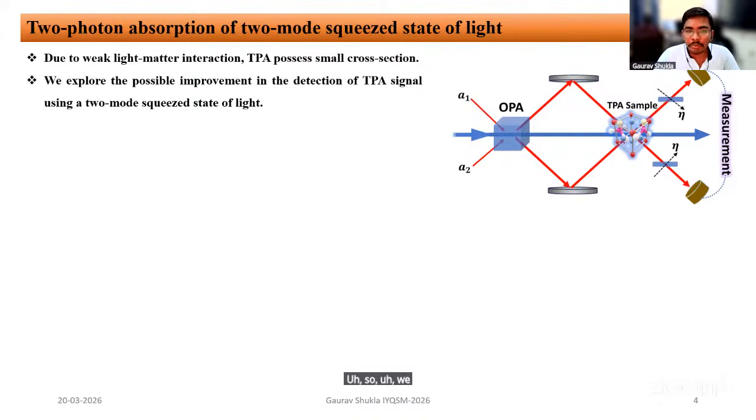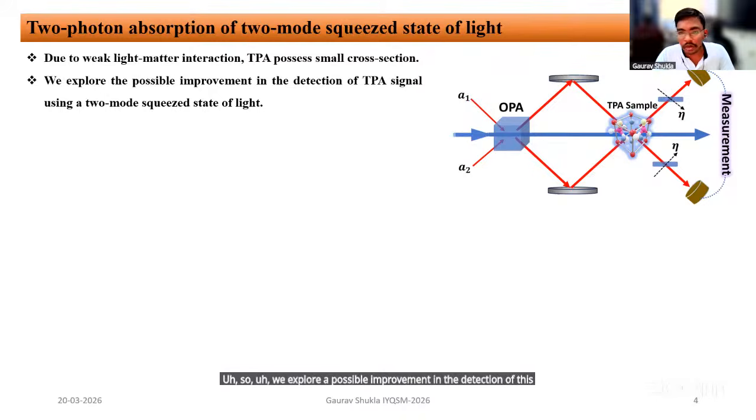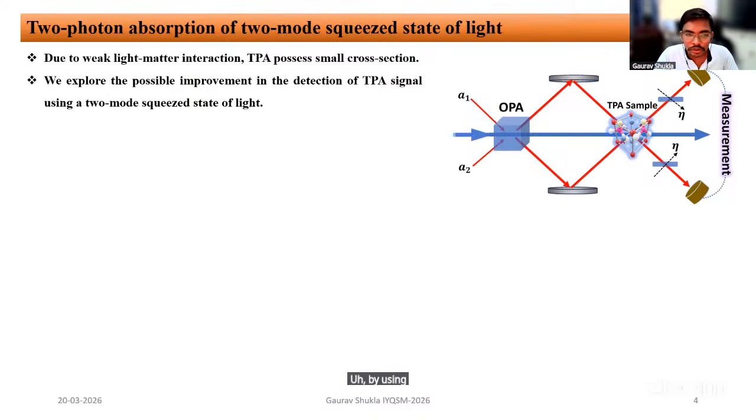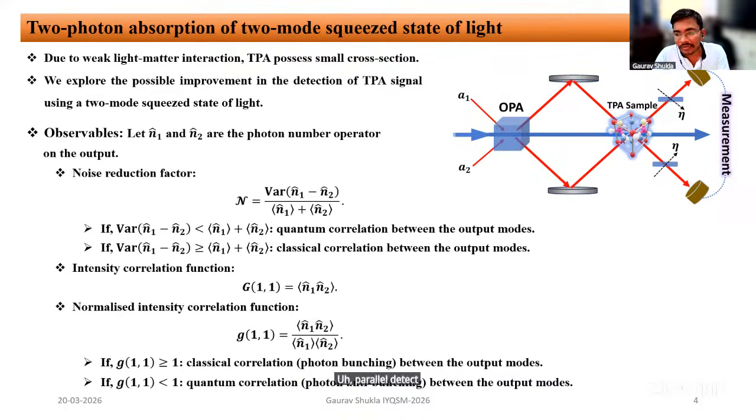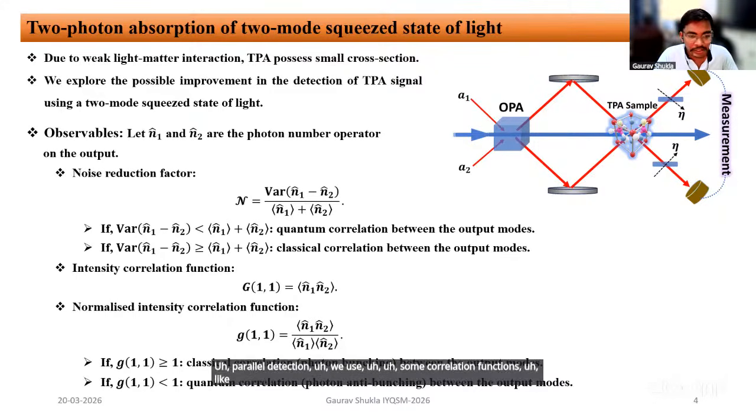We explore a possible improvement in the detection of this TPA signal on the output by using a two-mode squeezed state of light. For detection, we use some correlation functions like the noise reduction factor, intensity correlation function, and normalized intensity correlation function.